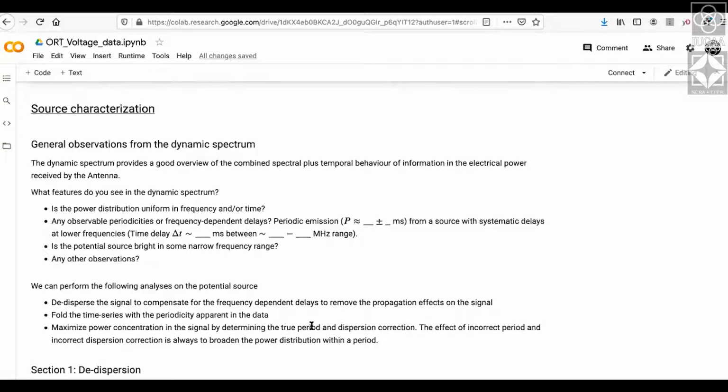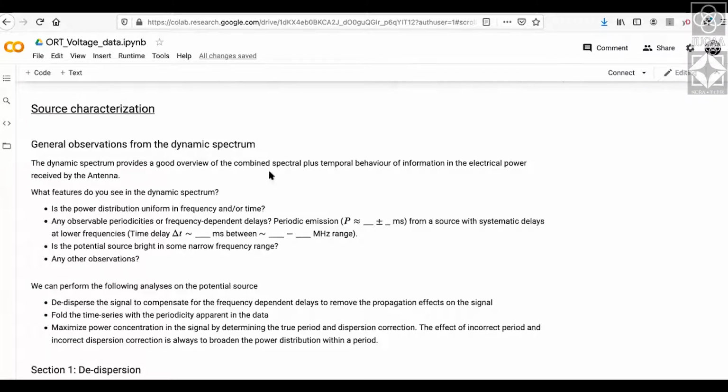And another thing about pulsars that you'll notice is that the signal will have a periodicity. So we have chosen a source over here which has a few periods within the 1 second of data that we have. So you should be able to see these two patterns very clearly: the dispersion of the signal, and also the periodicity.